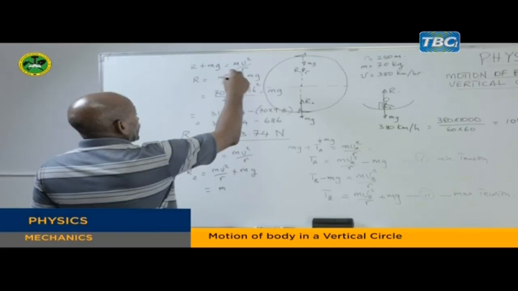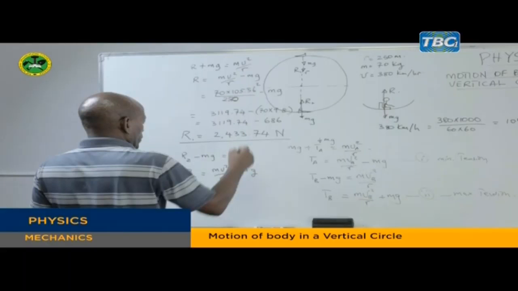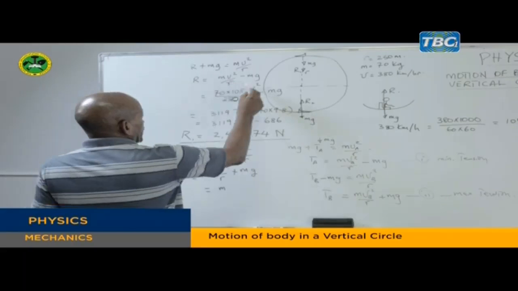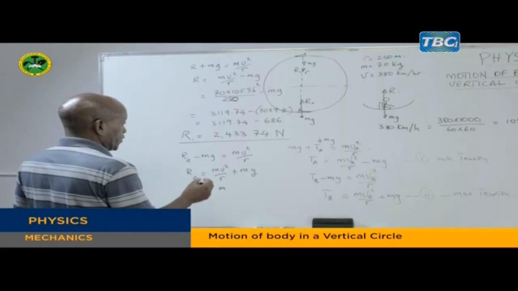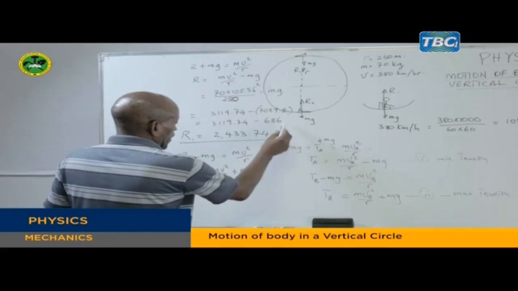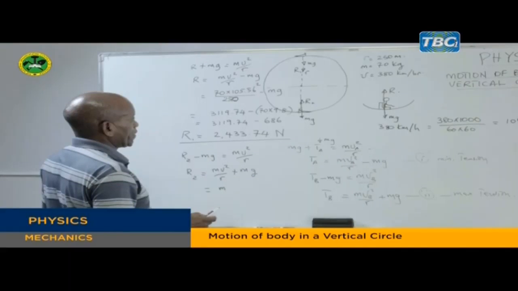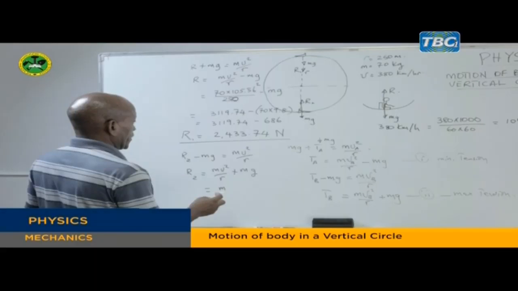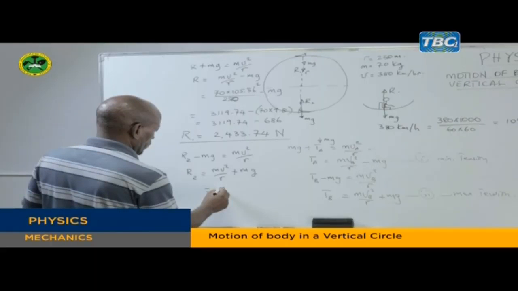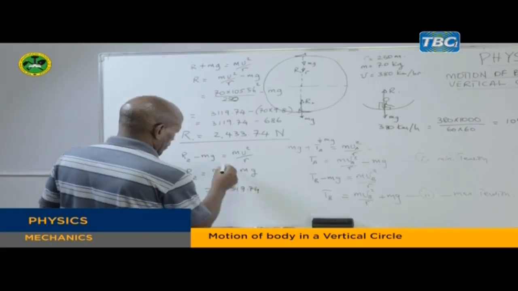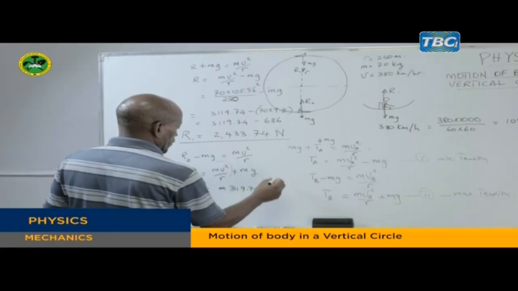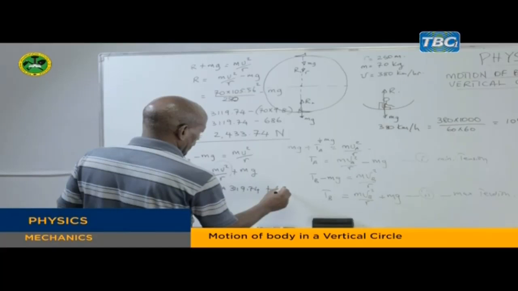We are going to use the same values, whereby mv squared over r is this much, but instead of minus now we are adding, so we are going to have 3119.74 for this value, plus mg, which is 686.